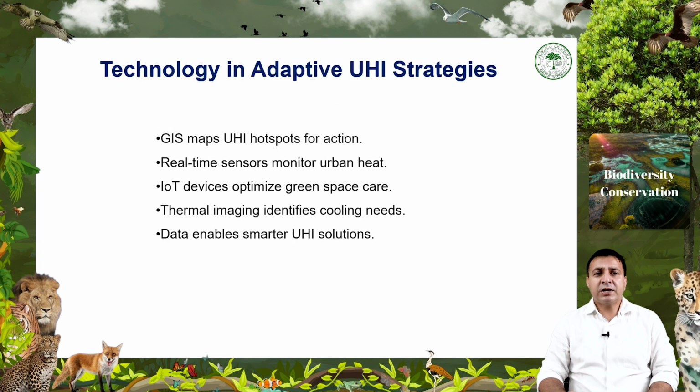Another is technology in adaptive urban heat island strategies. Technologies such as GIS and real-time sensors are very important in mapping urban heat island hotspots and thus guiding targeted interventions. These IoT devices also help optimize green space management by monitoring soil moisture and controlling irrigation.